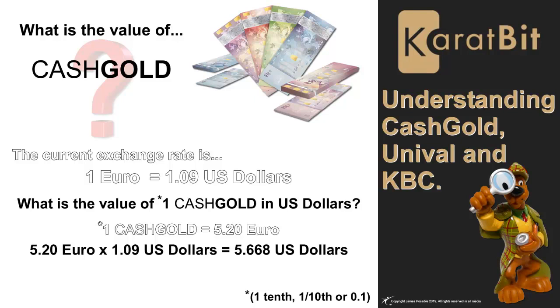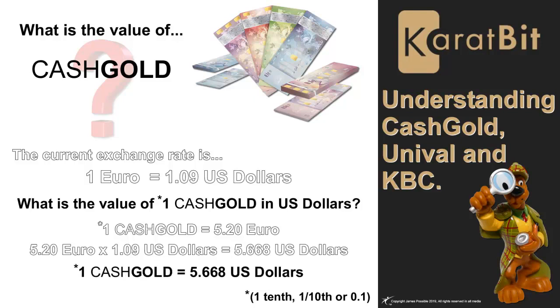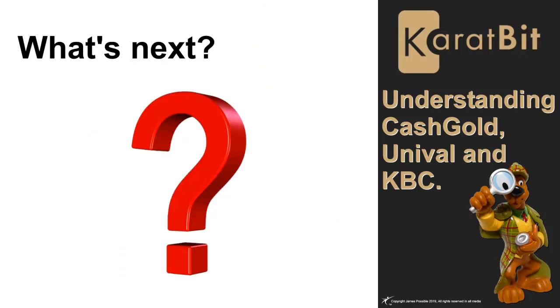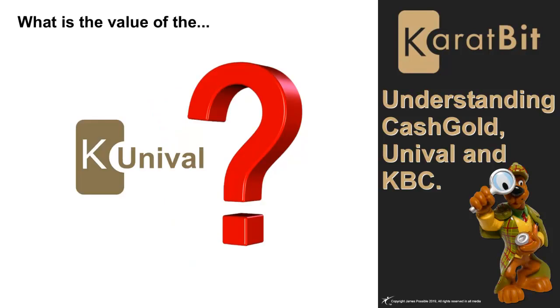So we went from 1 euro equaling $1.09, 1 Cashgold equaling 5.2 euros, and we multiplied the 5.2 euros by 1.09 US dollars, and that gave us a total value of $5.66. So now we know the value of 1 Cashgold. When I say 1 Cashgold, I'm talking about 1/10 of a gram of gold. It's $5.66.